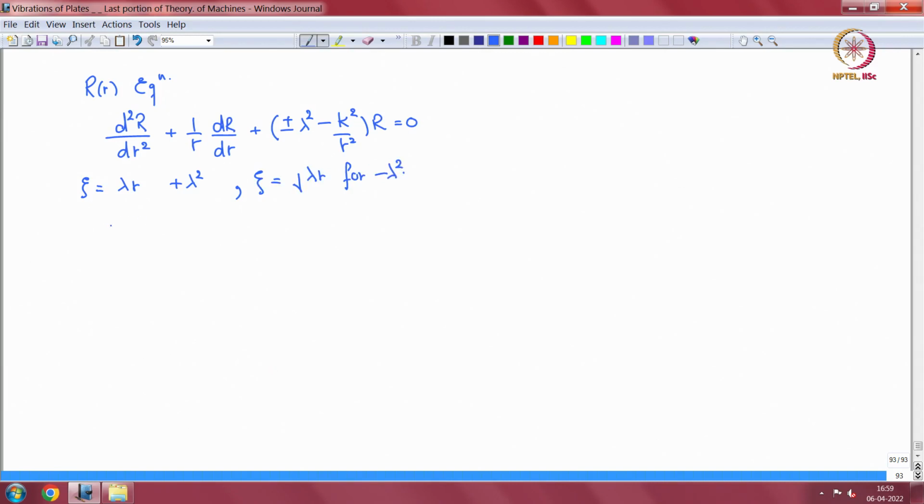So if we look at this equation, case 1, if my xi is lambda r, then d xi by dr is lambda, then dr by d small r is dr by d xi into lambda, and d2r by dr square is equal to d2r by d xi square lambda square.